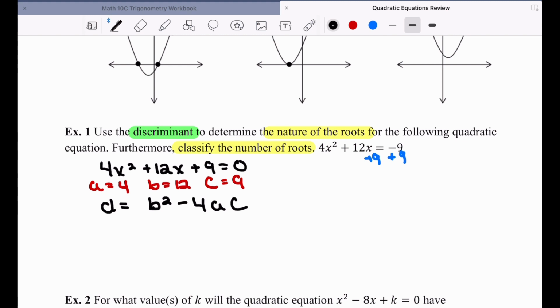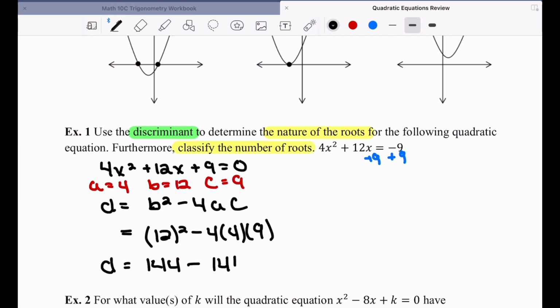The discriminant is equal to 12 squared minus 4 times 4 times 9. So we get a discriminant value equal to 144 minus 144. And if we get 144 minus 144, what do we have? Therefore, the discriminant is equal to 0.